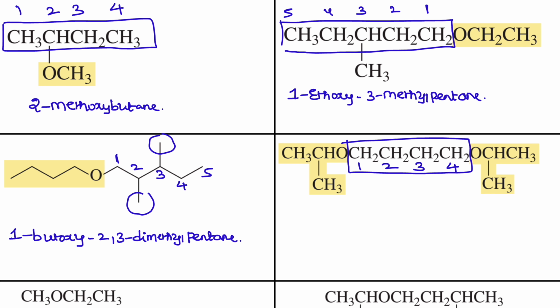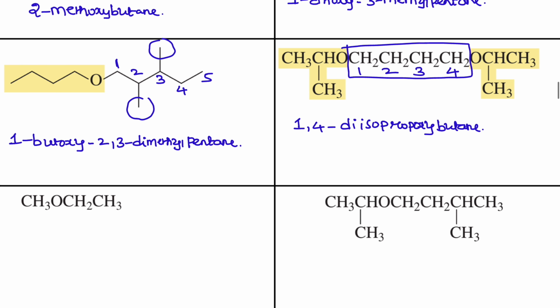And there are two isopropoxy groups, so therefore 1,4-diisopropoxybutane. And here this is one carbon, this is with two carbons, therefore this is the long chain, we can say. Now this is alkoxy, therefore this is methoxyethane.